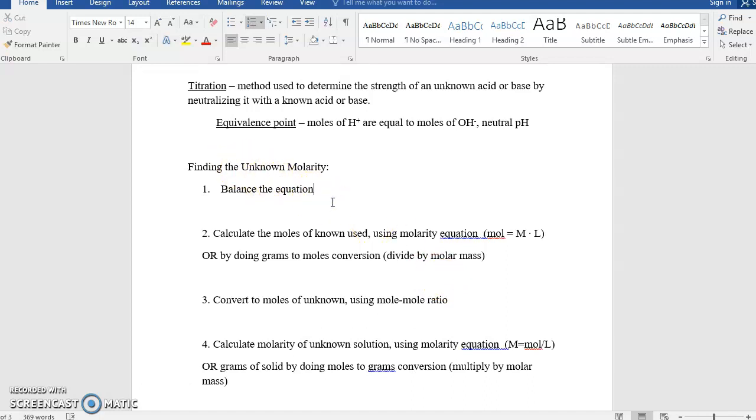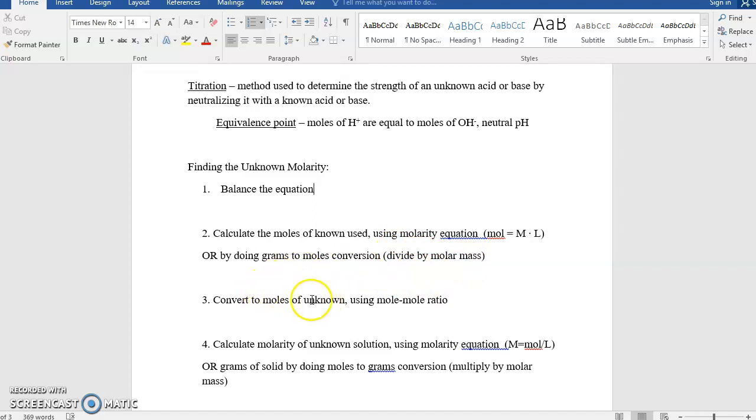First of all, you have to have a balanced equation. Usually, under more normal circumstances, I might make you balance them yourself, but in this case, I'll just give you balanced equations to work with because there's plenty of other stuff to do. Then we're going to calculate how many moles of the known that we use using our molarity equation, where moles of solute equals molarity times liters, or potentially by doing grams to moles conversions, which you divide by the molar mass.